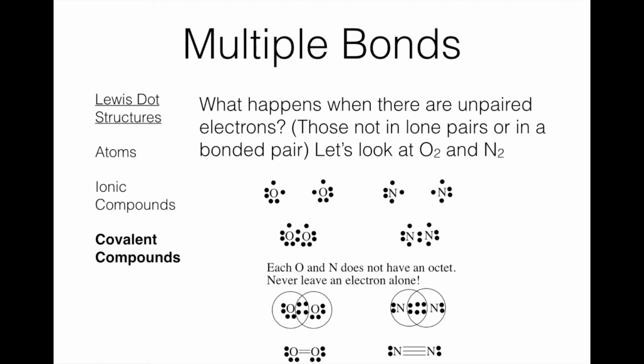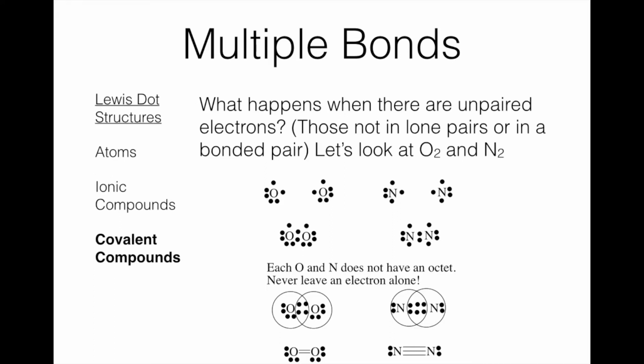If you don't share both of those unpaired electrons, you'd only have 7 electrons around each oxygen, and that would not give oxygen its octet. Now with nitrogen, both of those unpaired electrons in each will be shared, so you have a total of 6 electrons shared between the 2. In that case, it gives each nitrogen an octet.